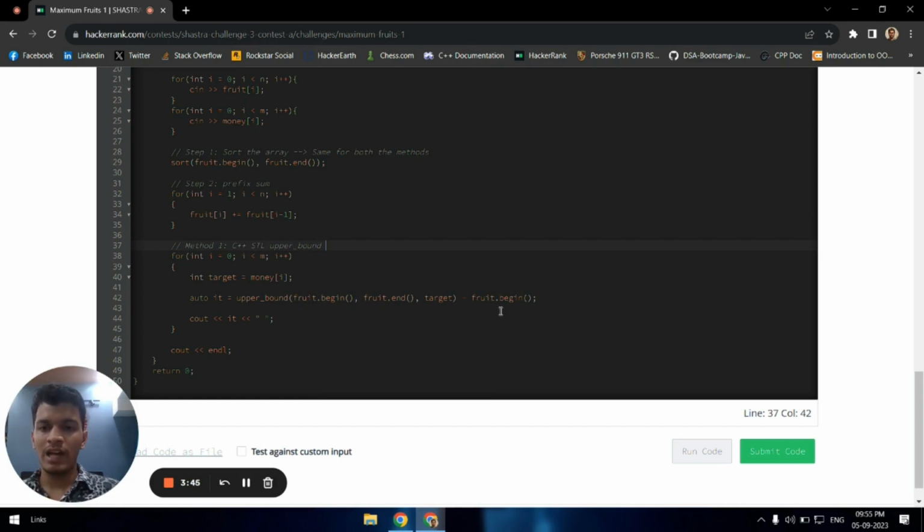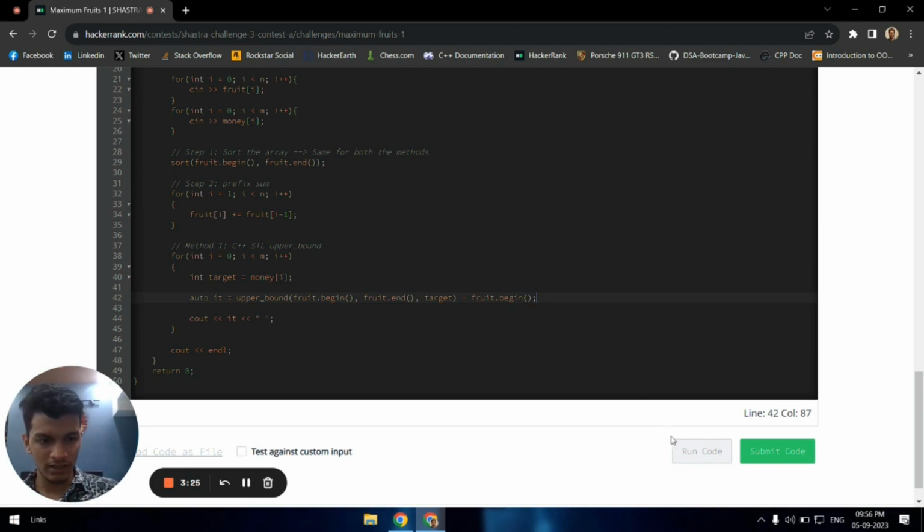As we know that the return type of upper_bound is an iterator, we have to convert that into an integer. So for that we subtract fruit.begin, and after that we get the solution of the problem.